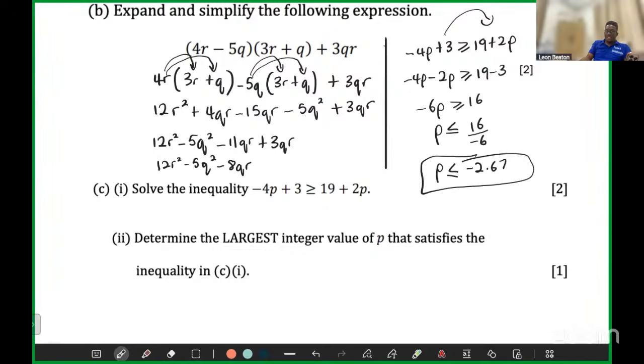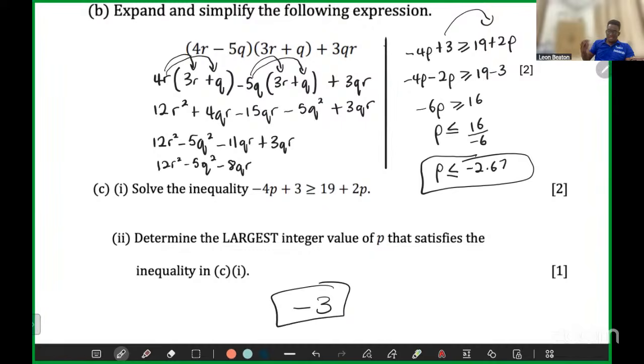And they want the largest integer that can satisfy this inequality. We know integers are positive and negative whole numbers if you want to think of it like that. So the largest integer that can satisfy this answer, the next integer that is less than or equal to negative 2.67, would be negative 3. And this is the largest integer that can satisfy this here.